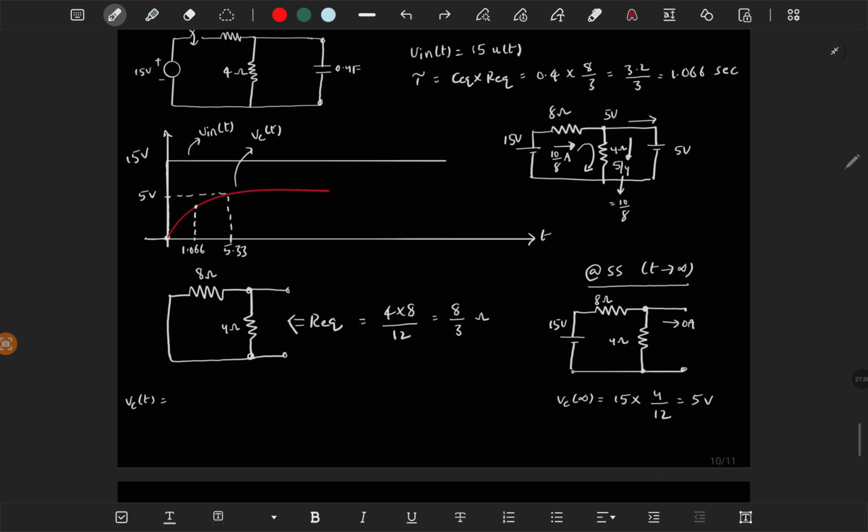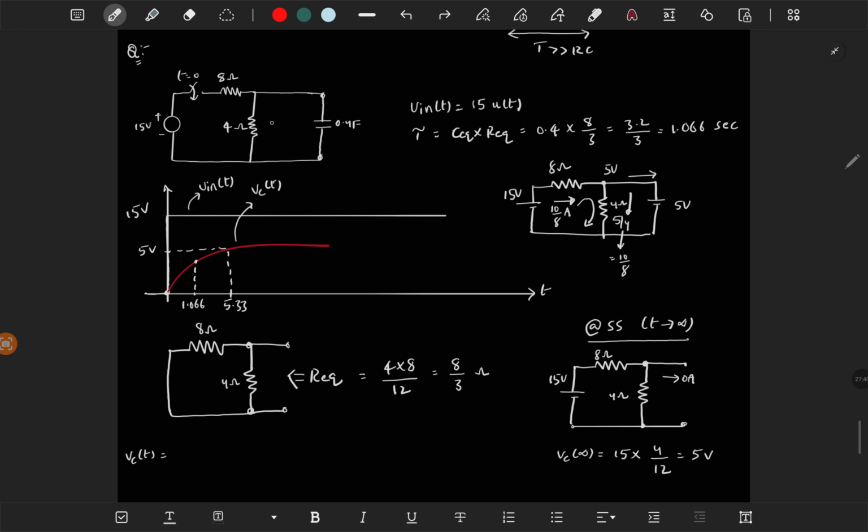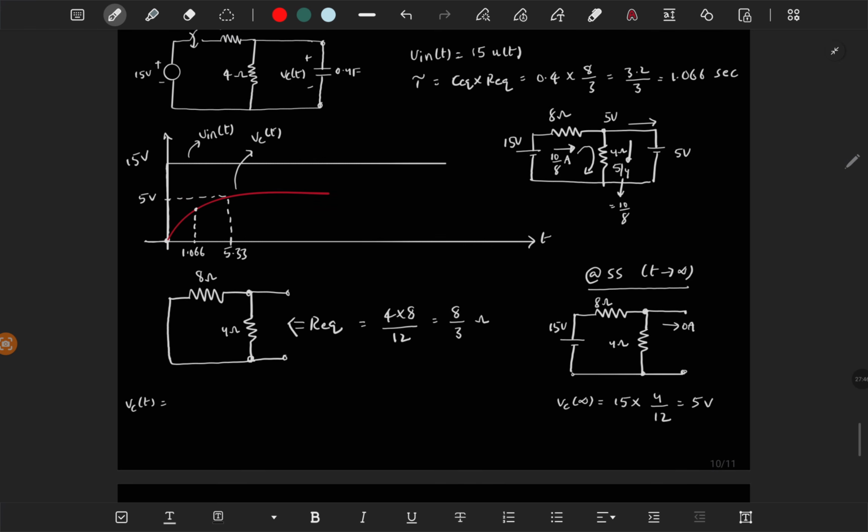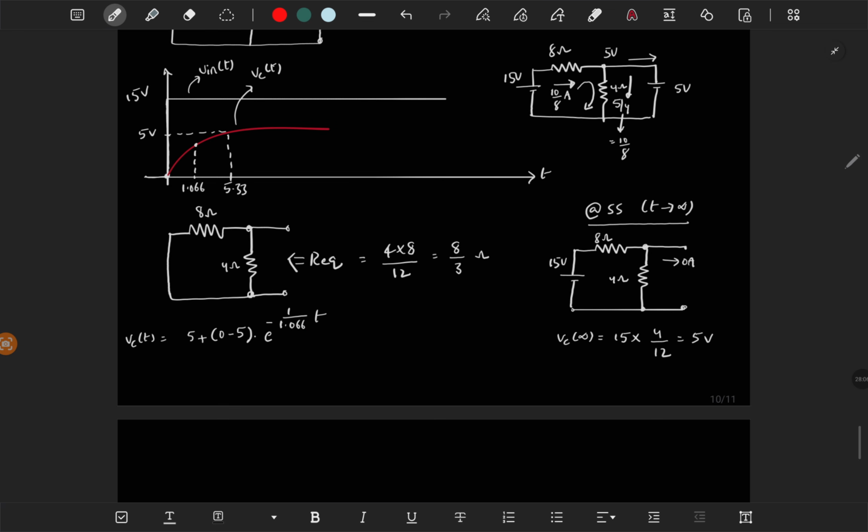And what is the expression of the voltage across the capacitor? This is Vc of t. So Vc of t is final value, which is 5, plus initial value minus final value times e to the power minus 1 by RC. 1 by time constant is 1.066 times t.